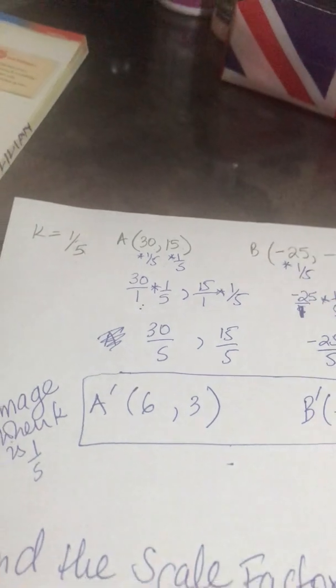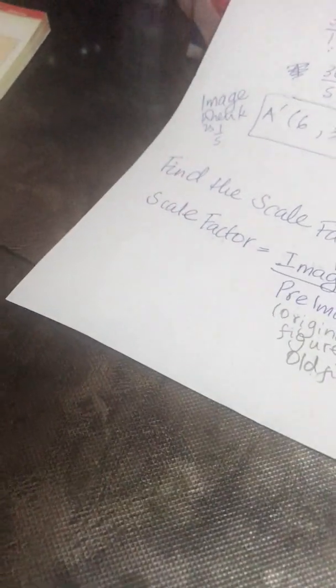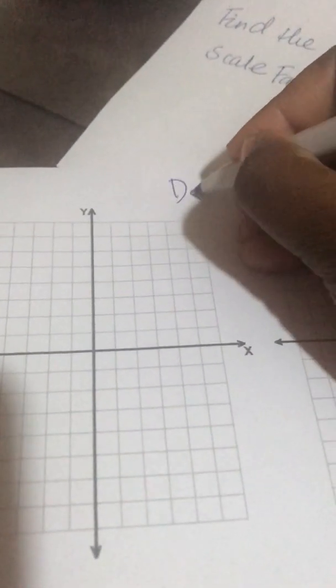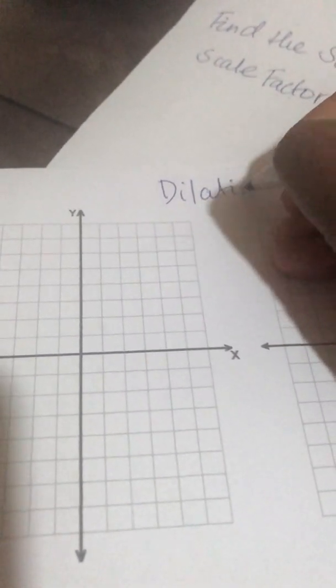So here, where is the graph paper? Here. So do dilations on this one. Draw a triangle. A is 0, 2.